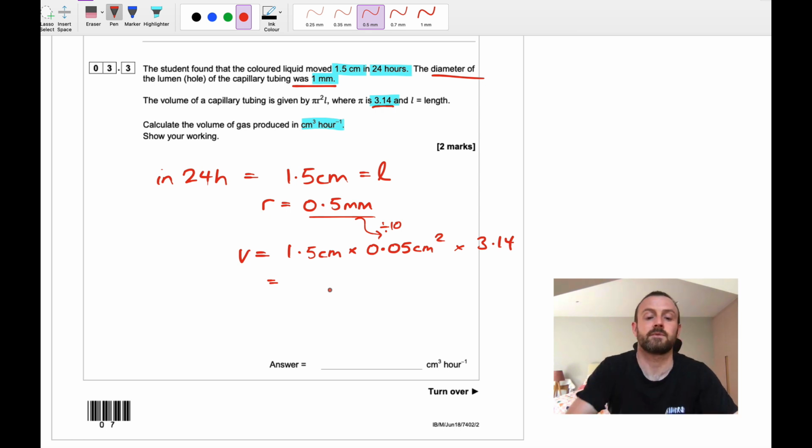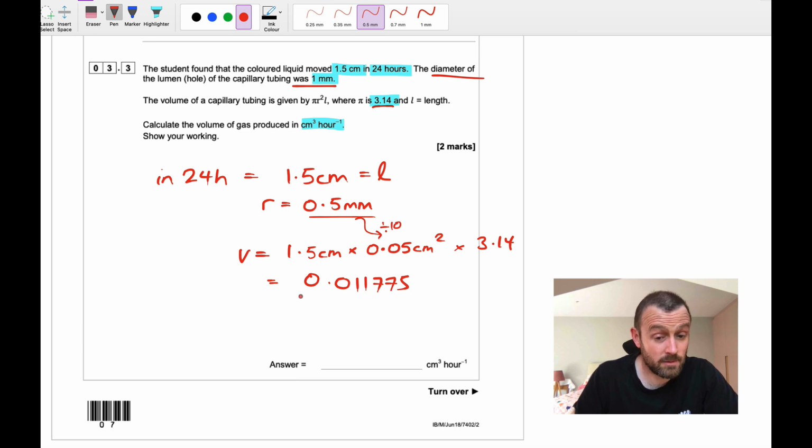So let's do that. So 1.5, right, let's do the squared first. 0.05 times 0.05 equals, okay, times 1.5 equals, times 3.14 equals, it's not very much. That's in 24 hours, so I need to divide that by 24. Divided by 24 equals, it's a very small number.